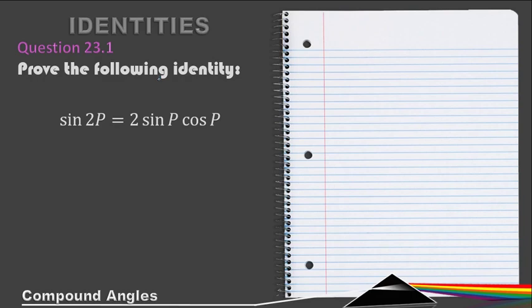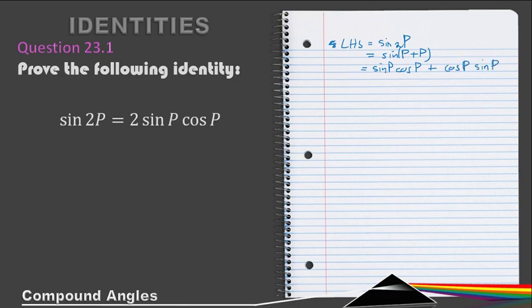Right, question 23.1, we have the following to prove. I'm just going to do the same procedure as I did with the previous one, where we wrote this as p plus p. We're starting with the left-hand side, and that's equal to sine 2p, and I break that up as sine of p plus p, and then I expand it, so I have sine p cos p plus cos p sine p.